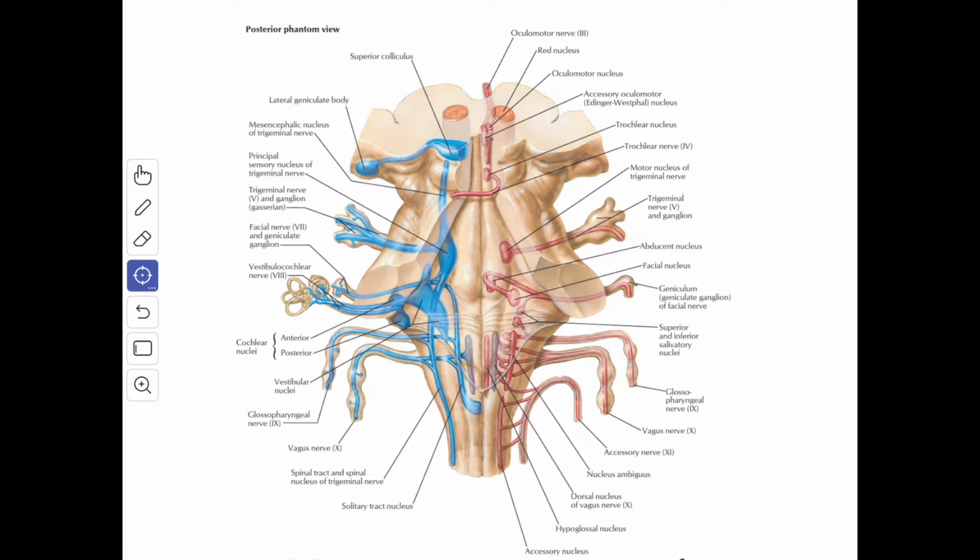Then you have the general visceral efferent fibers. So these fibers arise from the nuclei of the general visceral efferent column, and they supply the glands and the smooth muscles of the vessels and the viscera. So these fibers form the cranial outflow of the parasympathetic nervous system.